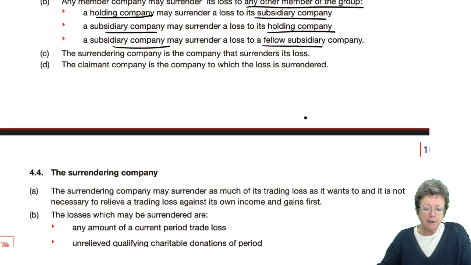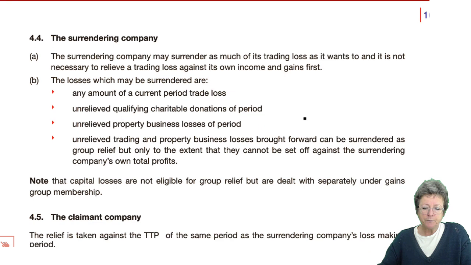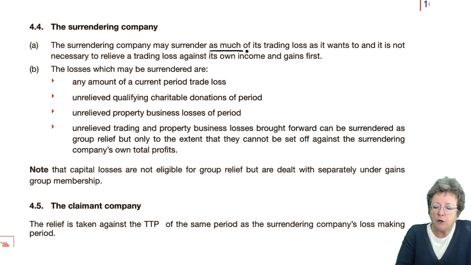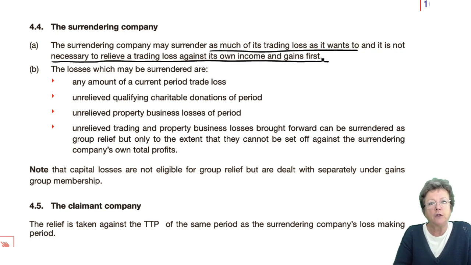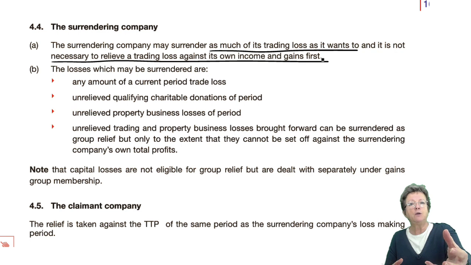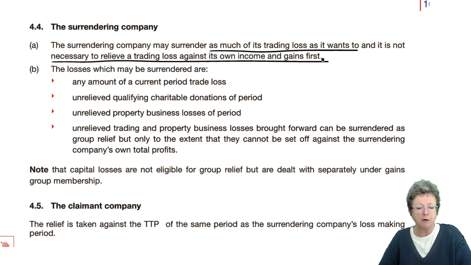The surrendering company, the one giving away the loss, can surrender as much of its loss as it wants, and it's not necessary to relieve it against its own income first. We can give it away so that it helps somebody else within the group.